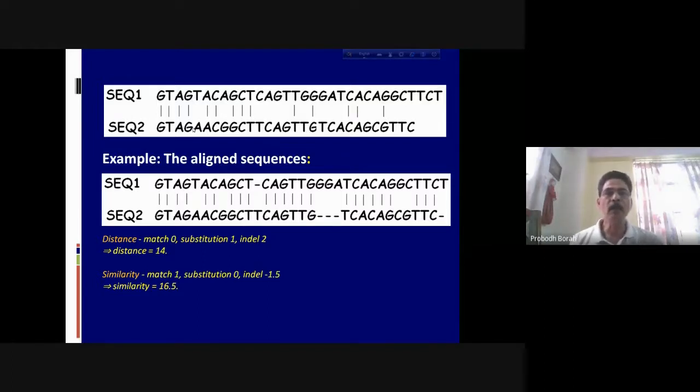If we take into account those biological events or evolutionary events into consideration, then each of the mismatches will represent 1 point mutation. But of course, in this type of comparison, it does not represent the other type of mutation, that is your insertion or deletion.